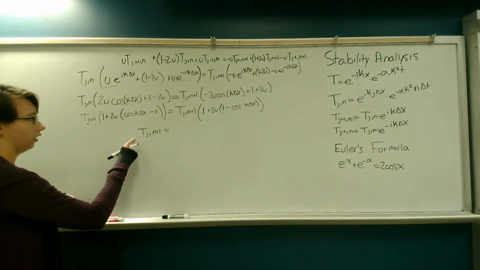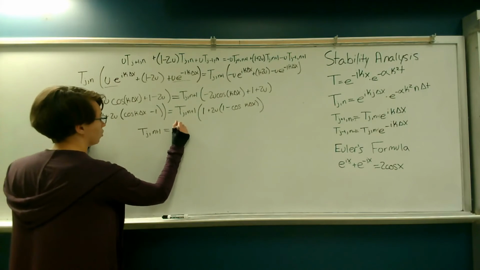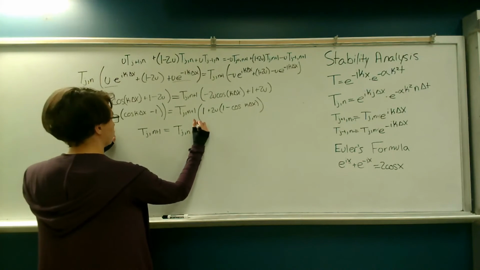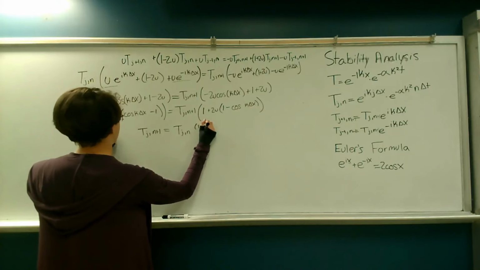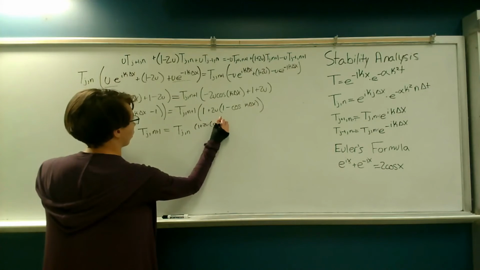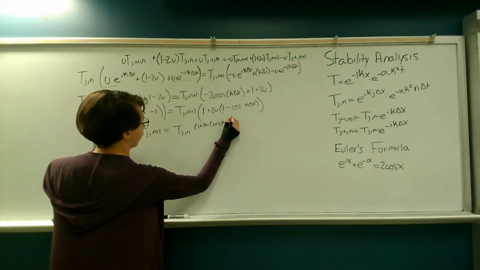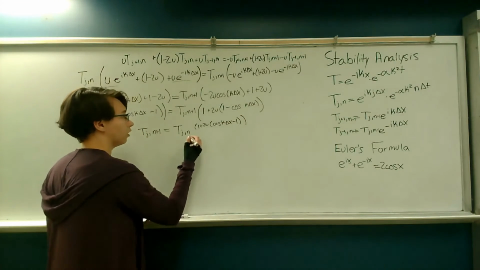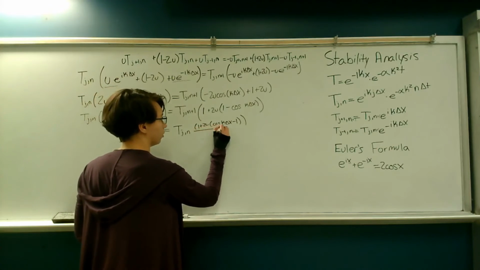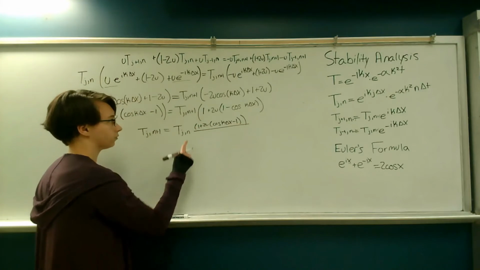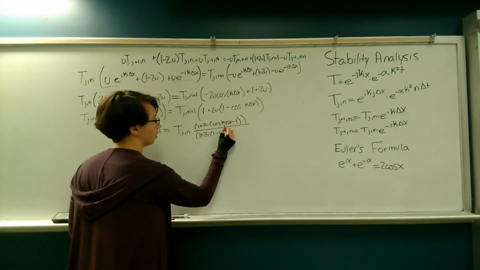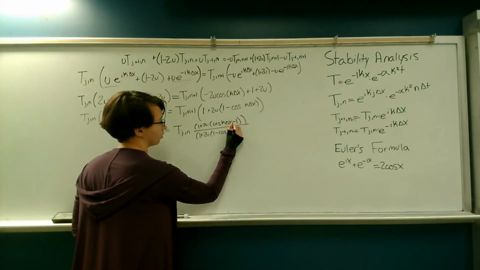So that's that, and then we're going to have this side, so we got T at j at n, and then we've got this as a numerator, so 1 plus 2u cosine of k delta x minus 1, and then that is over this, which is 1 plus 2u times 1 minus cosine of k delta x.